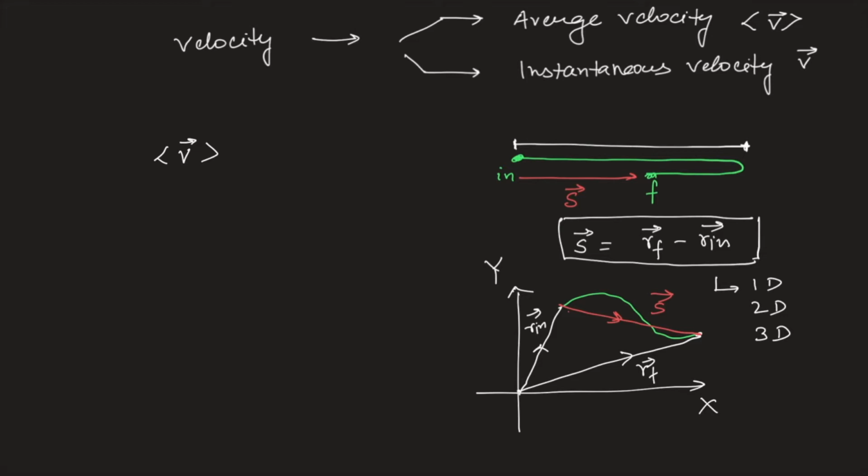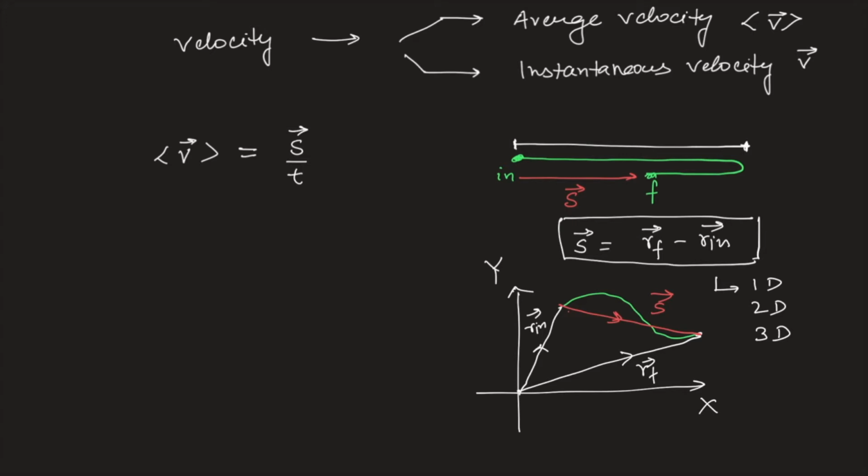So now coming back to what was average velocity. Average velocity was displacement by time, and this was your average velocity. So we just looked at the final value, we just looked at the initial value, we found out the difference between the final value and initial value, and we also looked at the time that it took to reach from initial value to final value.